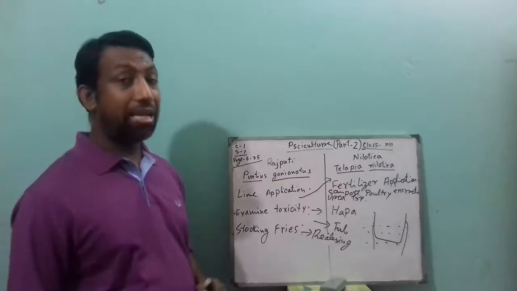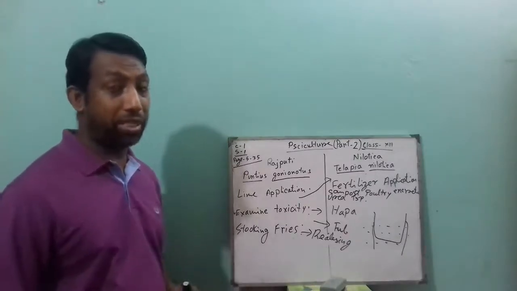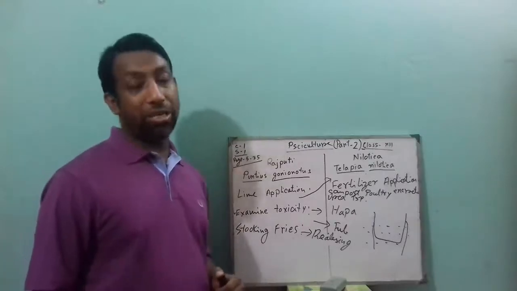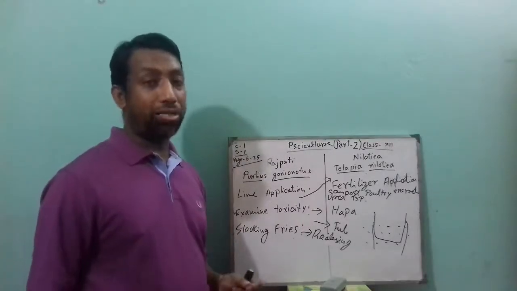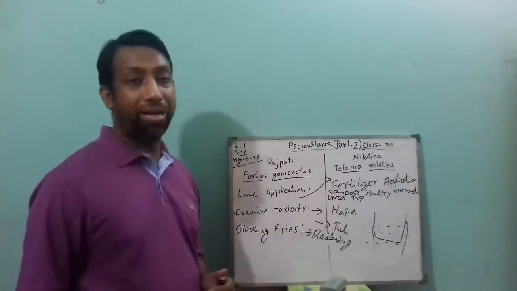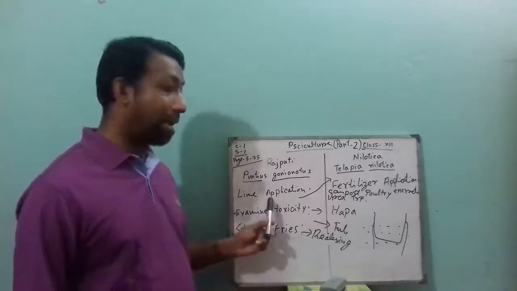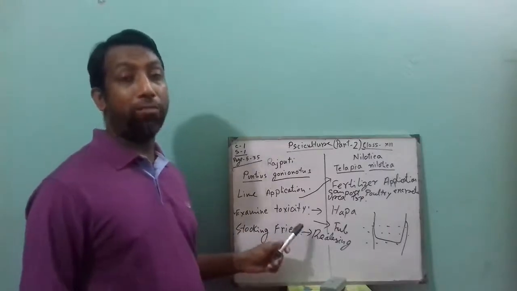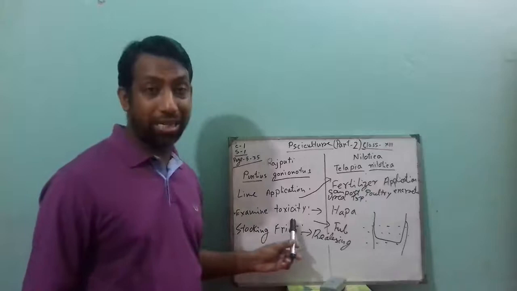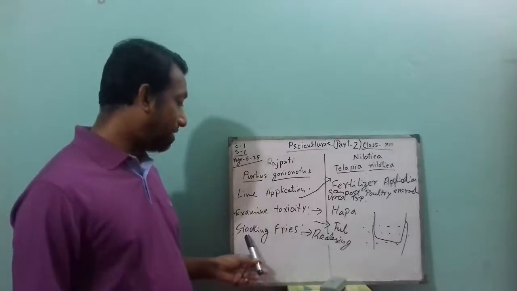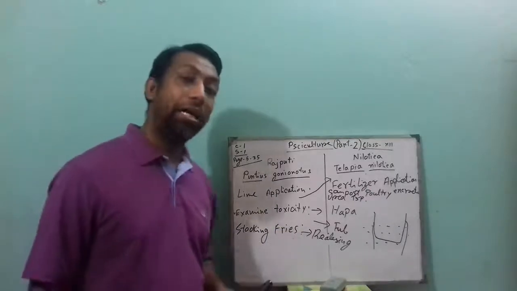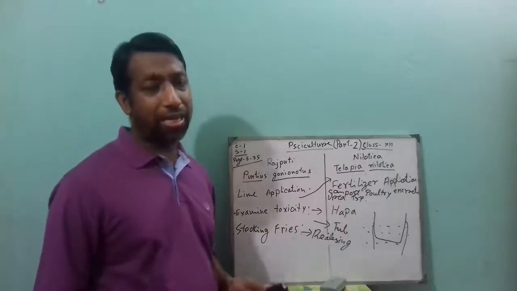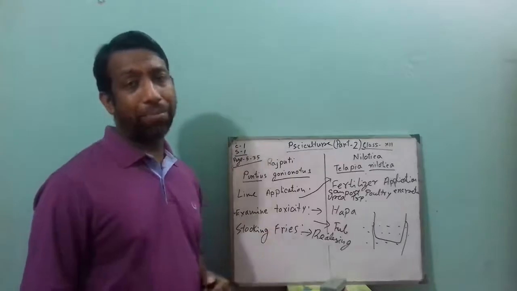You can see there are many MCQ questions in this section, and even CQ questions worth 2 marks or maybe altogether 3 marks, such as: why do you apply lime in the pond, what is the method of examining the toxicity in the pond, and what is the way of stocking fries in the pond. Questions like that might come in the exam.